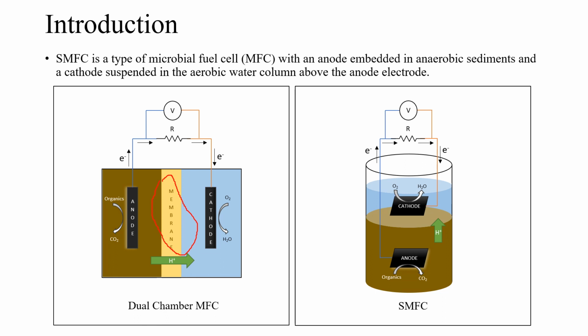In the anode of MFC, an oxidation reaction will happen, and so it does at the anode of SMFC. And the cathode reaction is the same in both, the oxidation reduction reaction. So this is a brief introduction about SMFC and MFC.